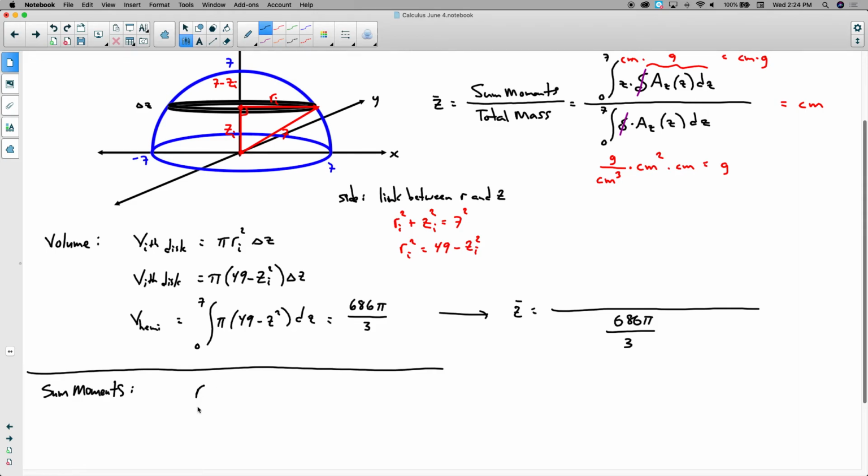Okay, so that is the integral of z, and you notice that it's exactly the same thing that I had here before. So it's this integral with an extra z in it. So this time I'll just do it a little differently. I'll pull out that constant, and then we've got 49 minus z squared dz that needs to be evaluated from 0 to 7.